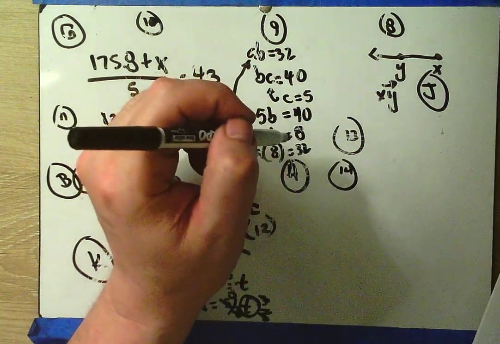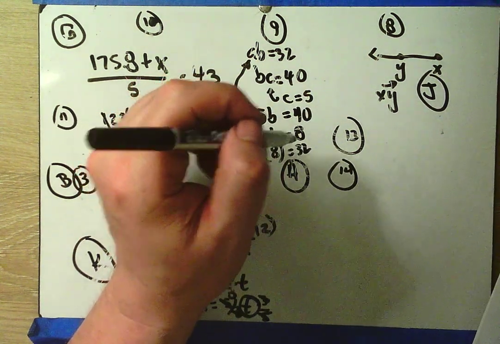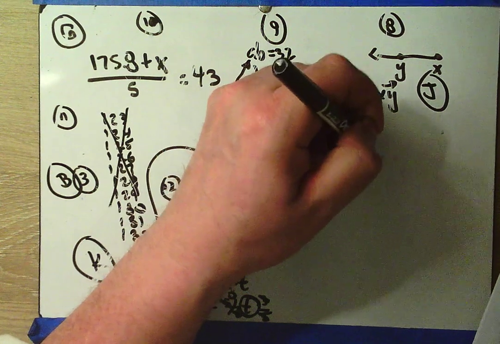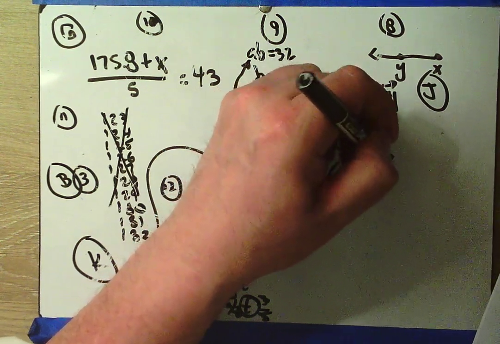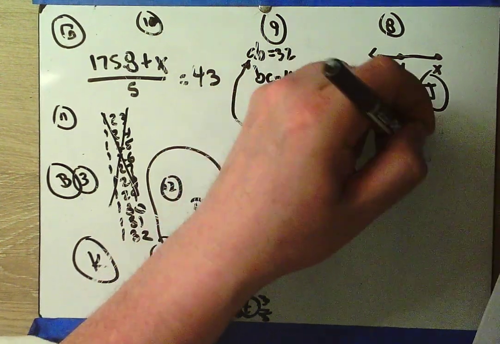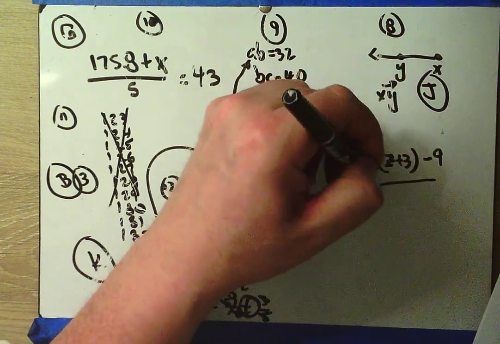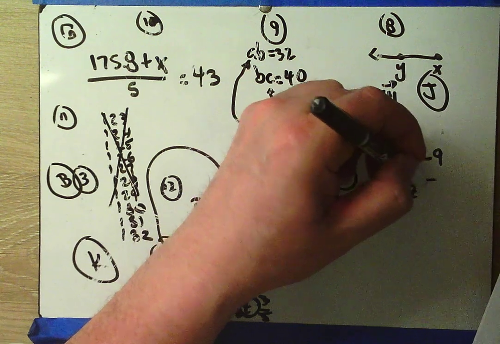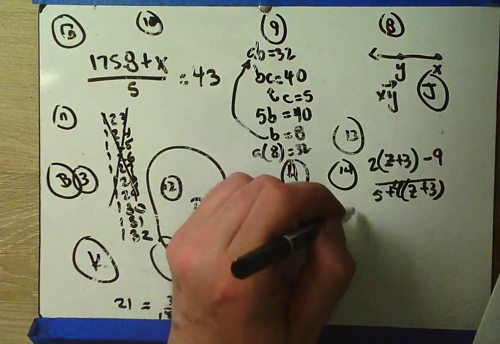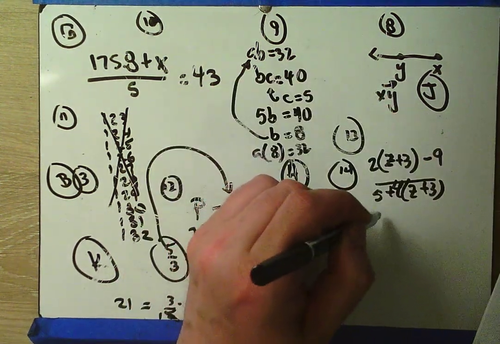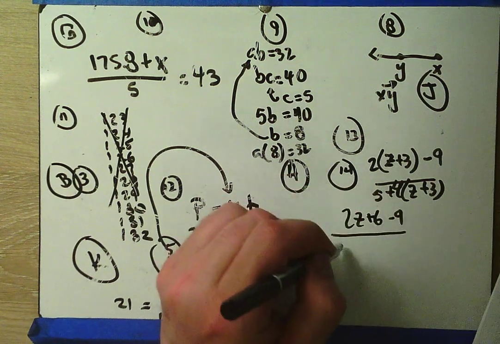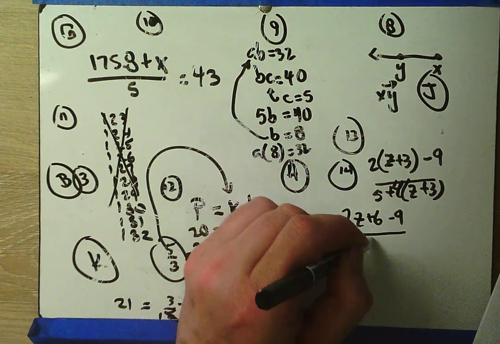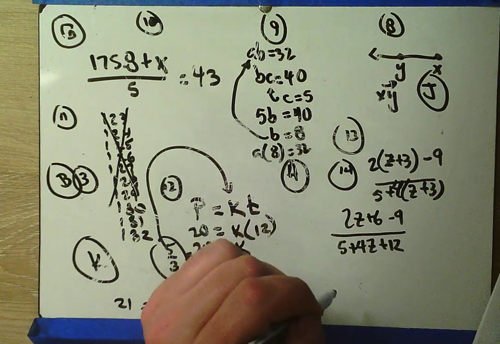14. Which of the following is equivalent to this expression, 2 times z plus 3 minus 9 over 5 plus 4z plus 3? 2z plus 6 minus 9, 5 plus 4z plus 12.